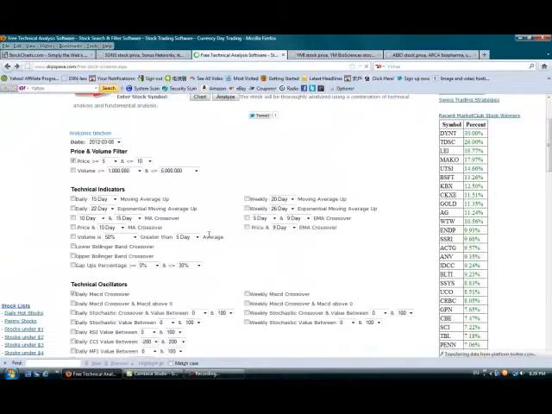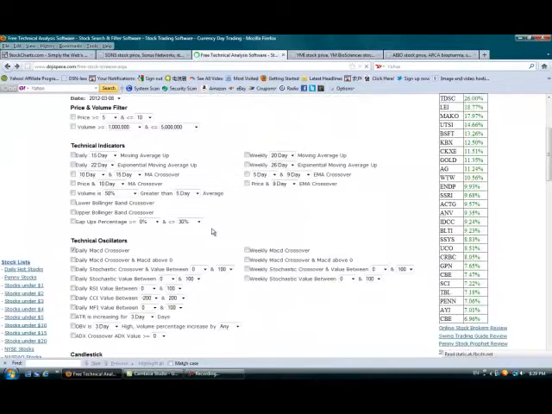Basically, you can search for other criteria. If you are using moving average, for instance, you want a 10-day moving average. I prefer to actually use the exponential moving average.